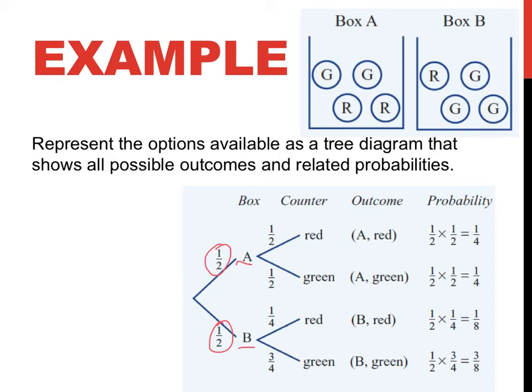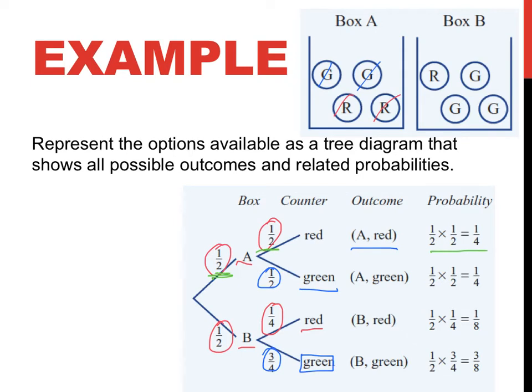Once you've selected the boxes, there is a half chance in box A that it is a red counter because there's 2 out of the 4. There's a half chance that it is a green counter because there is 2 out of 4. In box B, however, of the 4 counters, only 1 is red, so it's a quarter chance, and 3 are green. So you have to be careful of the probability. To work out the probability of selecting a red counter from box A, it is simply a half times a half, which is a quarter.